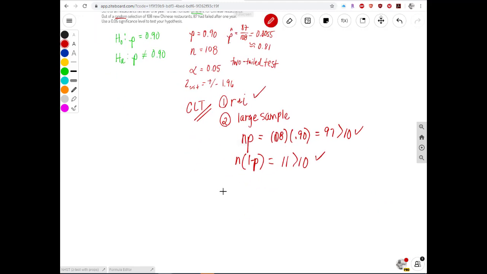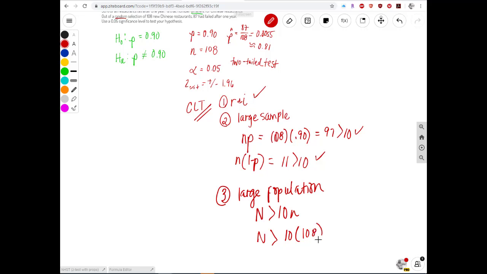The last condition is large population. That means that the population has to be bigger than 10 times the sample size. So the population has to be bigger than 10 times 108, which is 1,080.